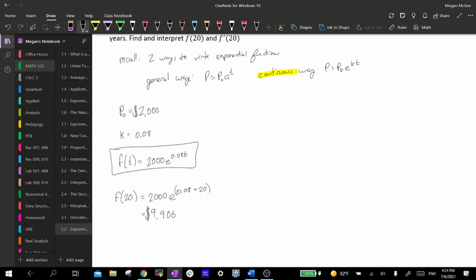So our interpretation for f of 20 is after 20 years, the savings account will have $9,906.